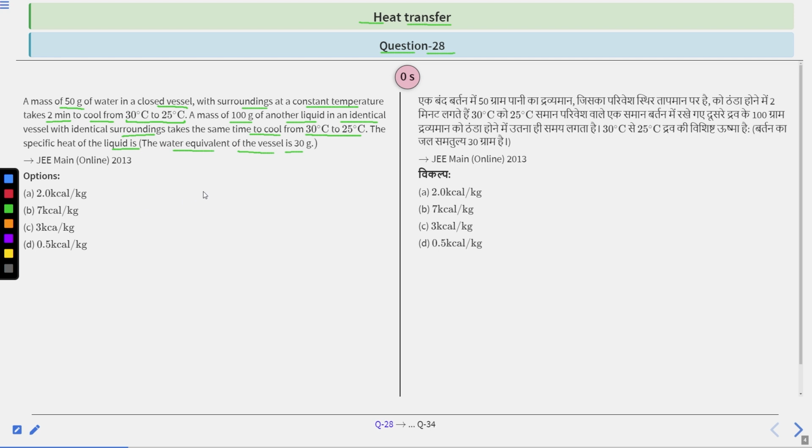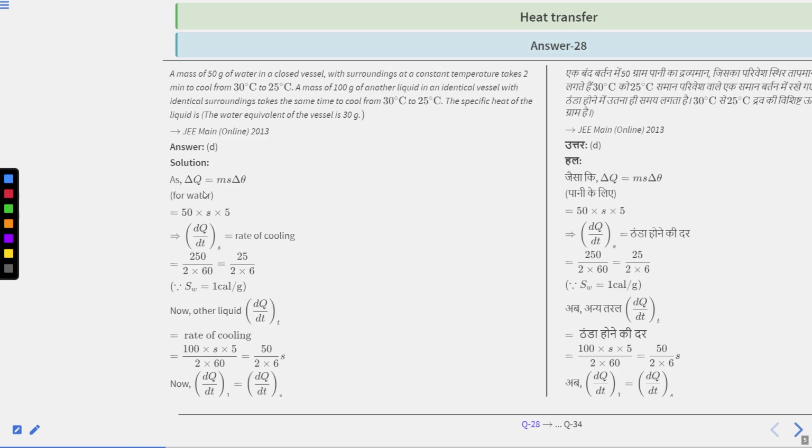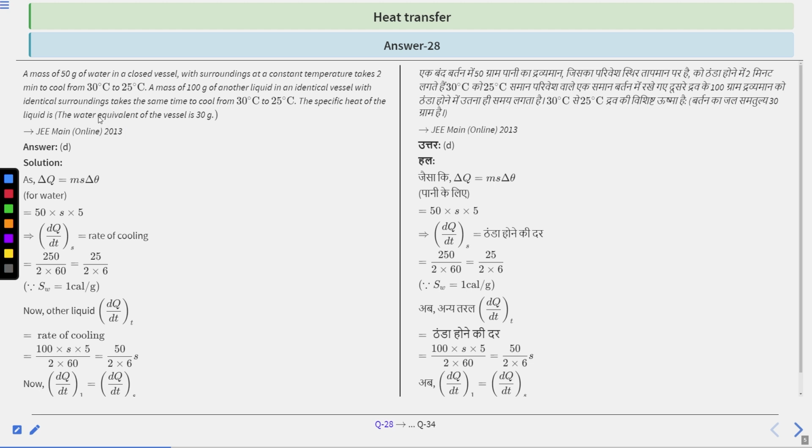Let's find the solution. According to the question, a mass of 50 gram of water in a closed vessel with surroundings at constant temperature takes 2 minutes to cool from 30 degrees Celsius to 25 degrees Celsius. And 100 gram of another liquid in an identical vessel with identical surroundings takes the same time to cool from 30 degrees Celsius to 25 degrees Celsius. The specific heat of the liquid is what?